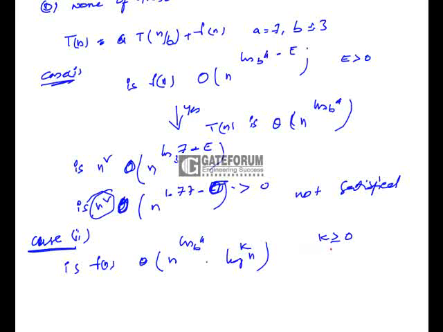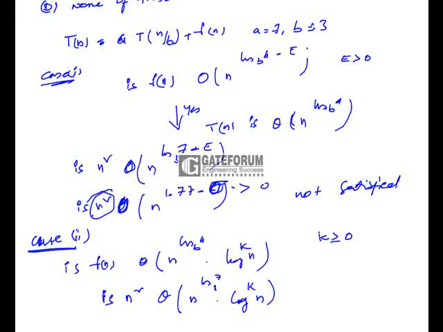Epsilon should be greater than 0 in case 1. So here f of n is n square. Is n square theta of n power log 7 to the base 3 into (log n)^k?